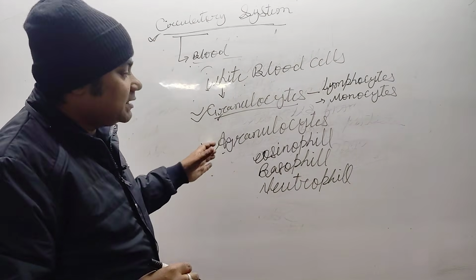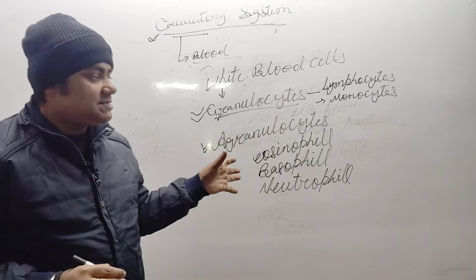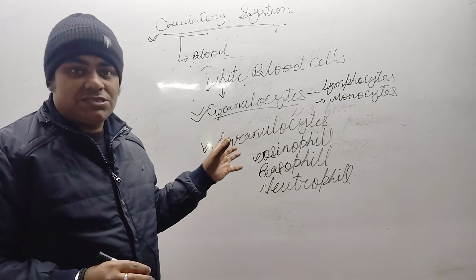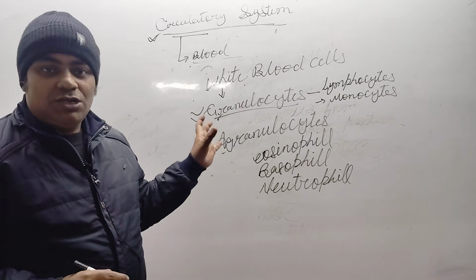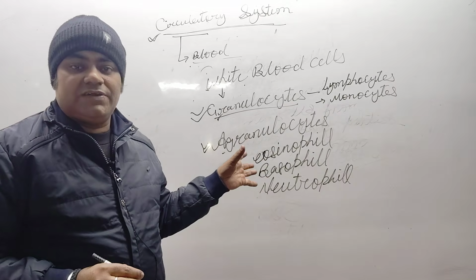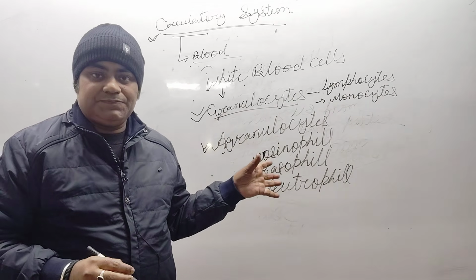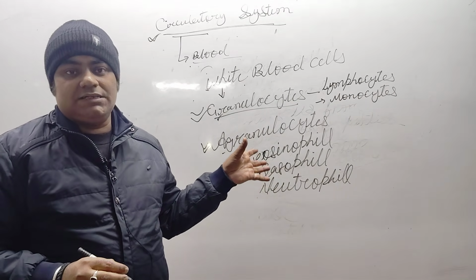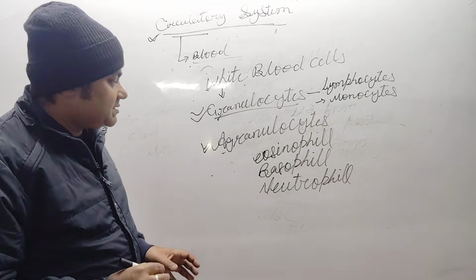So these are all the different types of white blood cells. They have only one function, basically to protect our body from different types of foreign body particles as well as microorganisms.